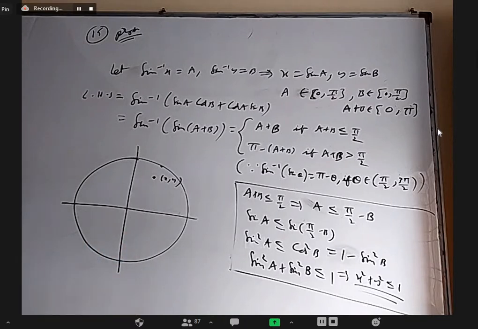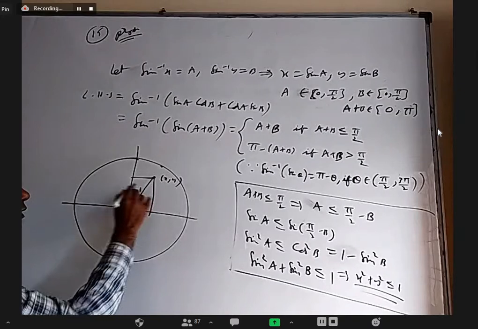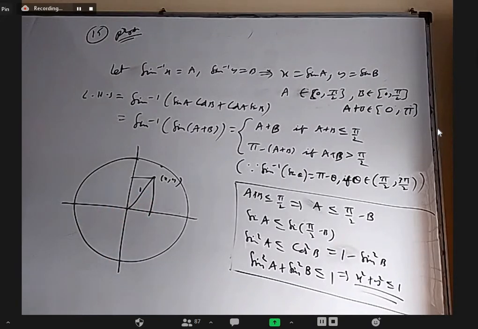Then what are sin inverse x and sin inverse y? It will be less than pi by 2. We have to prove that, because at that time when you join, this hypotenuse is not 1. If you want 1, you have to go to some place else. I'll tell you what is that.